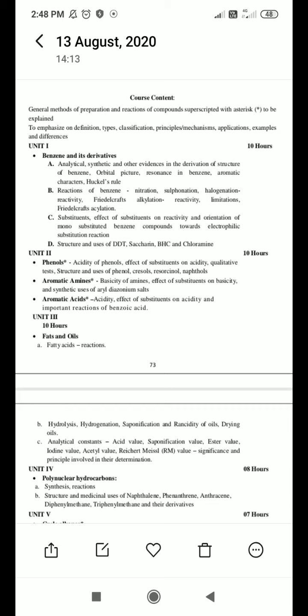This is one type of analytical evidence. Likewise synthetic means here we are preparing or extracting something from starting material to finished product.